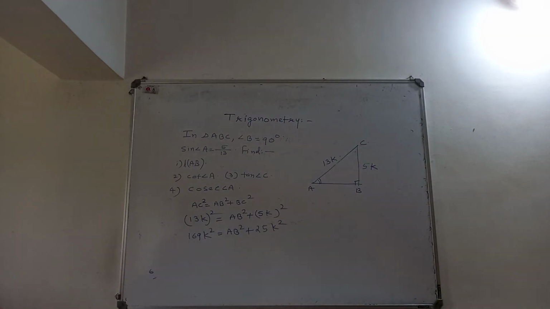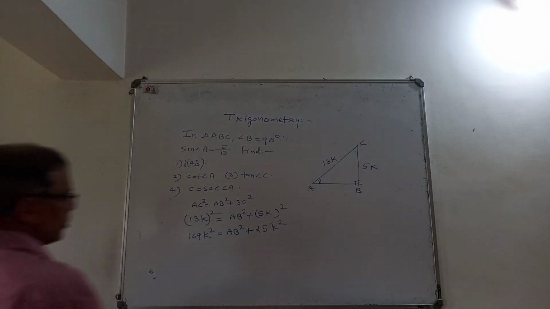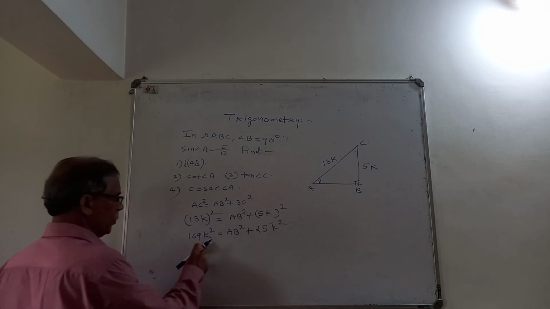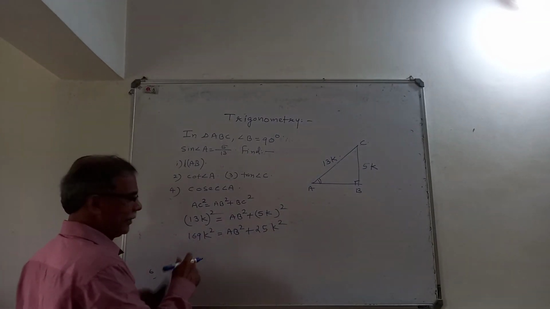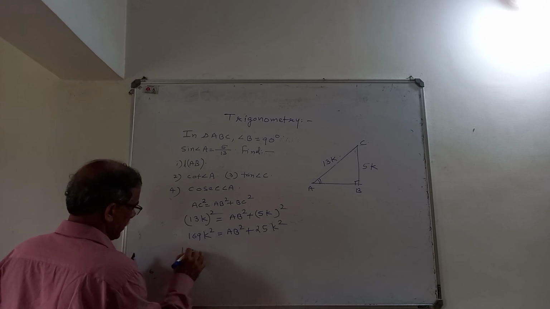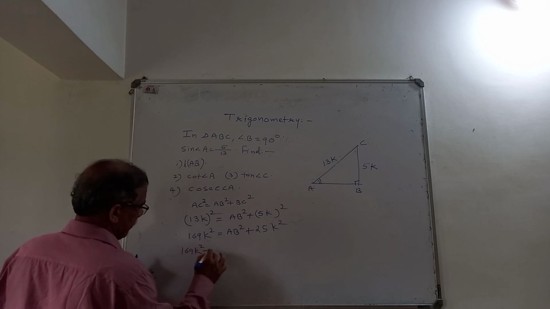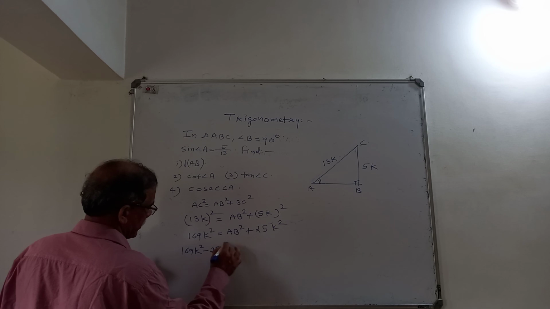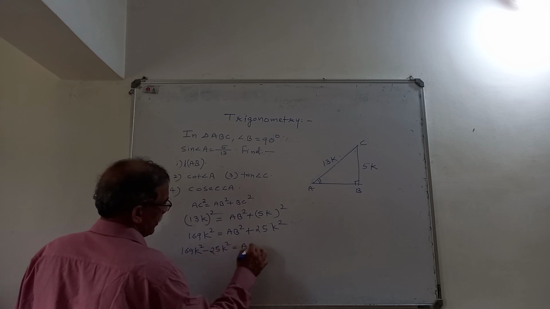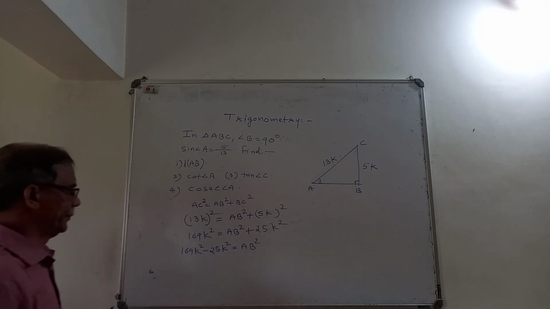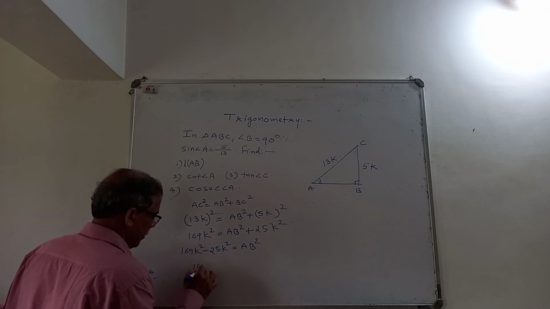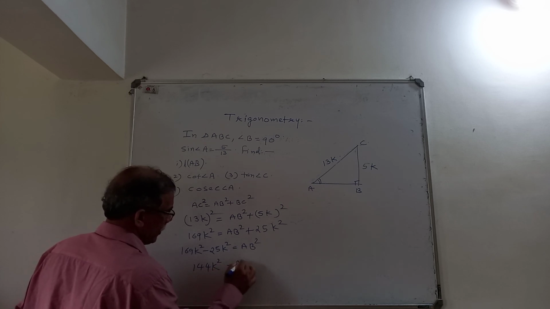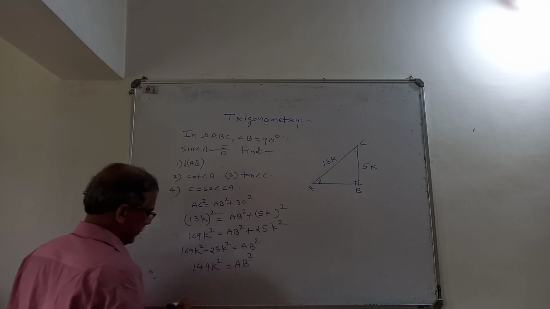Now we are finding what? We are finding AB square. So this term now, that will go to left hand side, because k square and k square like term, isn't it? So 169k square minus 25k square should be equal to AB square. 169 minus 25, so that is how much? 144k square is equal to AB square.